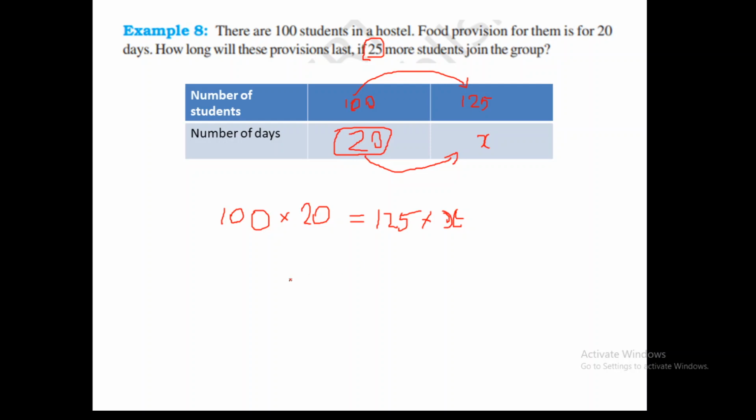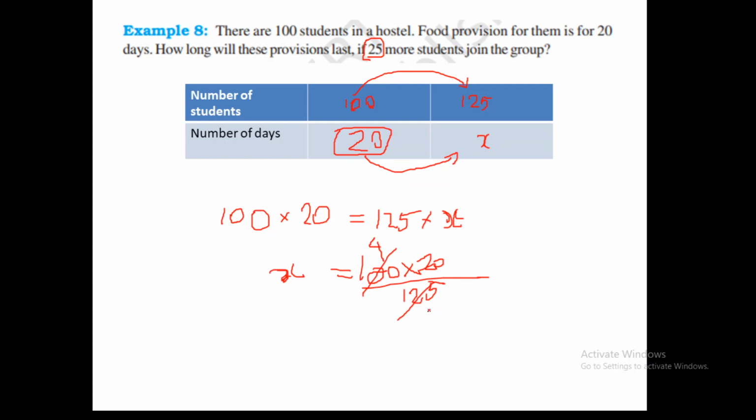So x is equal to what? x is equal to 100 into 20 by 125. Then do this. 100 and 125 will be cancelled. How many 25 in 100? 4.